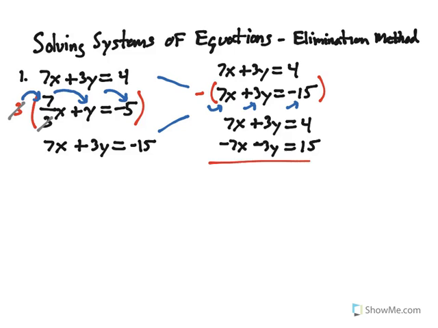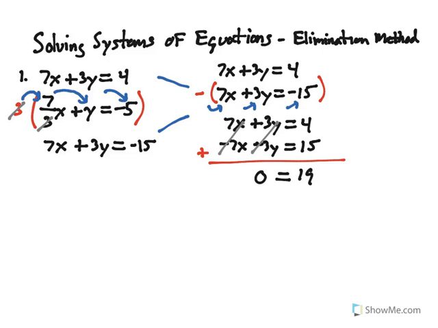when you add these up, you notice that the 7x minus 7x cancel, and 3y minus 3y cancel. And then 4 plus 15 equals 19, while the left side is all 0. So 0 equals 19.